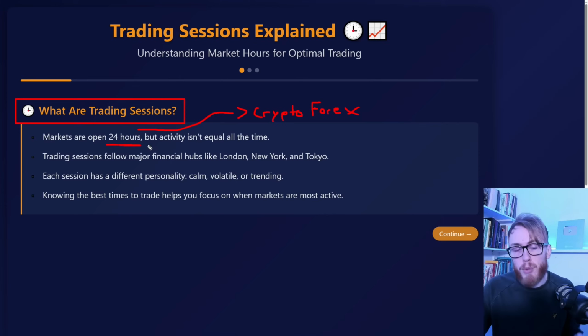But here, what you already need to know is that the trading activity is not equal all the time. And these trading sessions follow the major financial hubs, or in other words, the major financial markets like London, New York, and Tokyo.